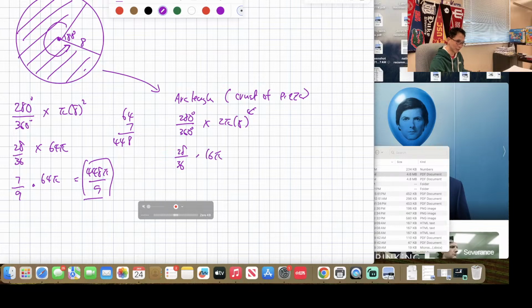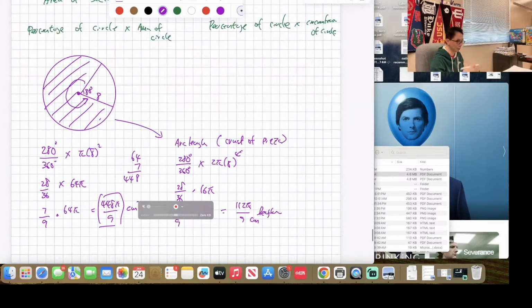And that's down to 7 over 9 times 16 pi. And that's down to 112 pi over 9. So this is the length. So if in centimeter, this will be centimeter. But this in centimeter square, because that's the area representing. So you can have two things, arc length or area, as a percentage of circle.